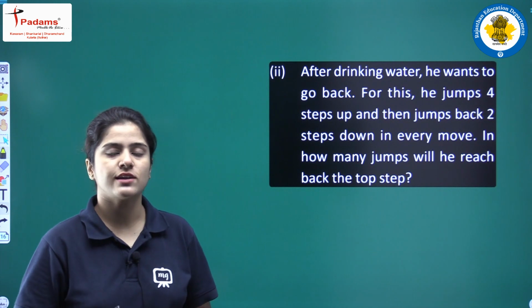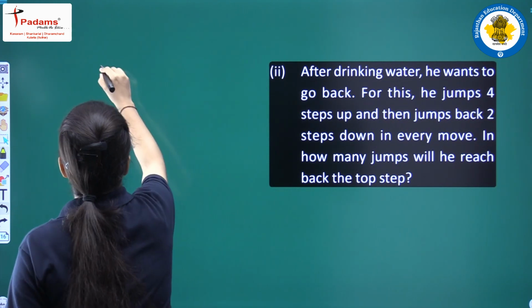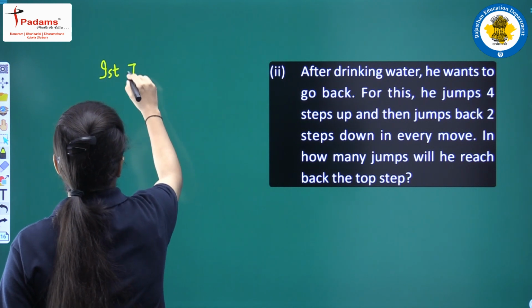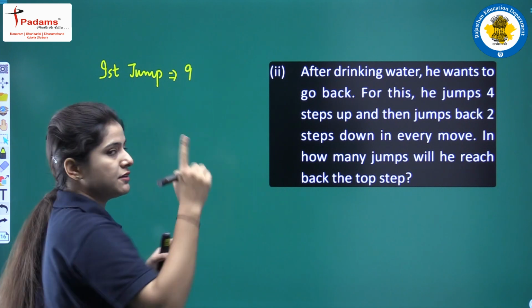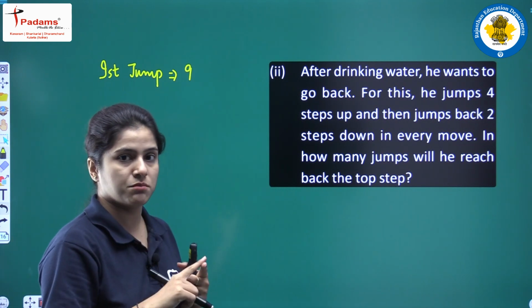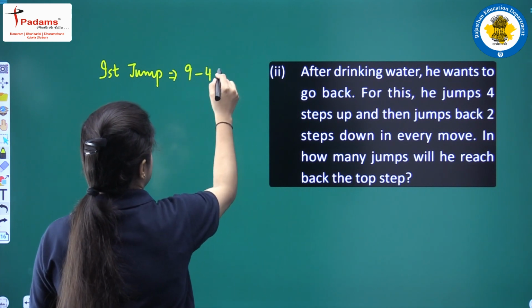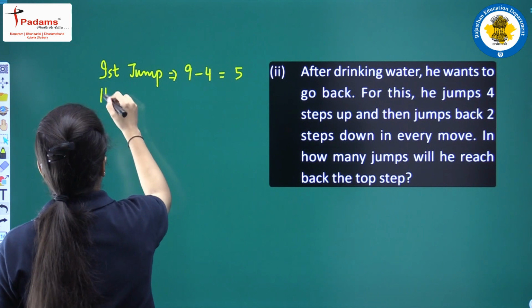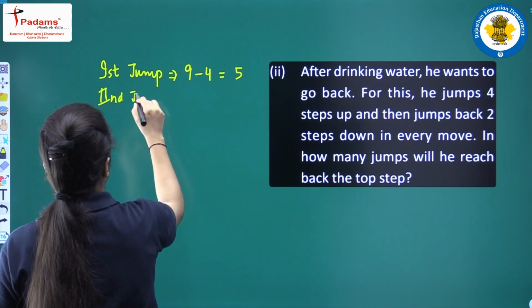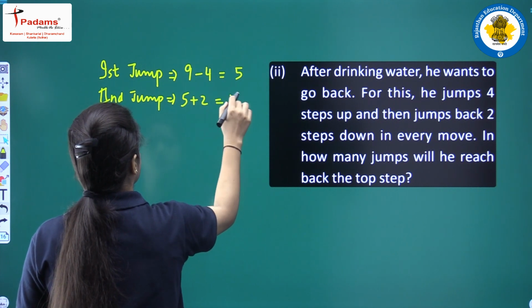So in this particular case, firstly you are on the 9th step. In the first jump you are on the 9th step, and in the particular first jump you are stepping up by 4 steps. So you are on the 5th step right now after the first jump. After second jump you are stepping down by 2 steps, so 7.